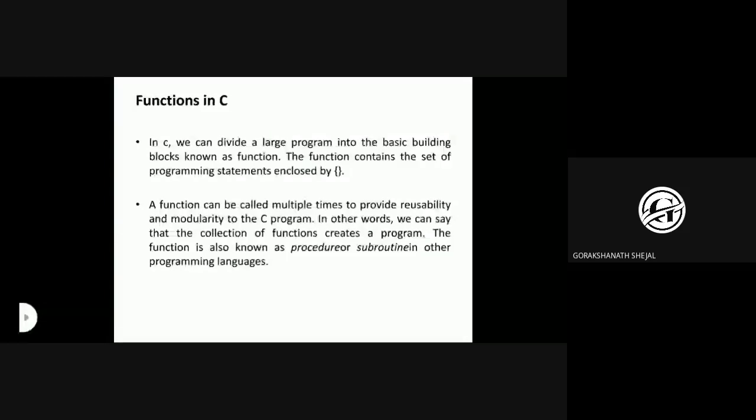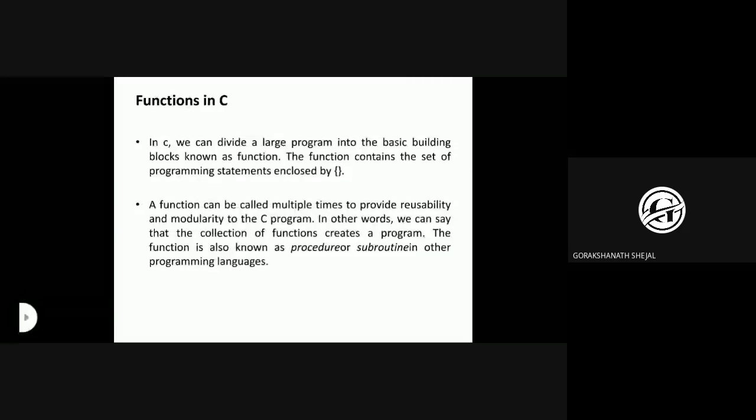For example, if you have declared a variable, the syntax is data type, in front of that the variable name, and then at the end a semicolon. Compiler checks whether you have followed the syntax of variable declaration or not.